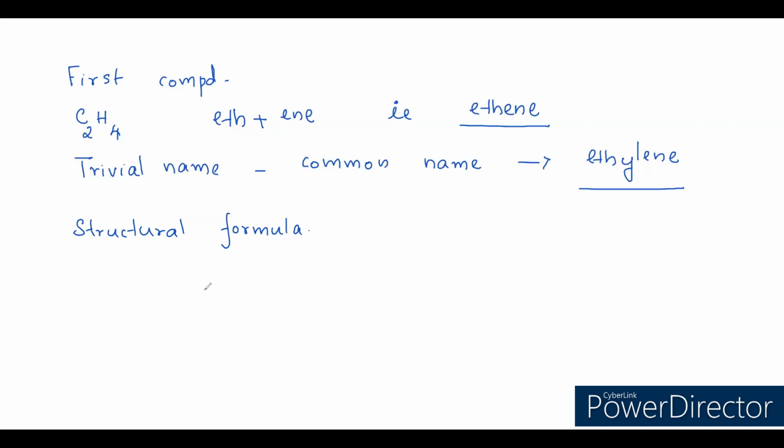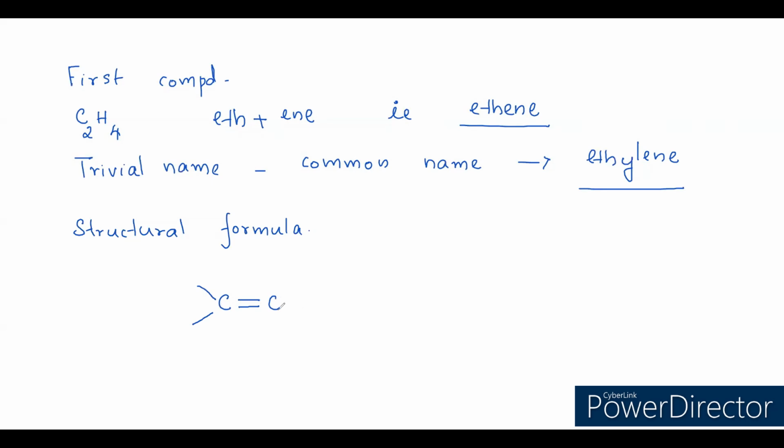For the branched structural formula of ethene, write the two carbons and connect them by means of a double bond. Then each carbon is tetravalent. So two bonds are formed here and two more bonds need to be formed on the first carbon.